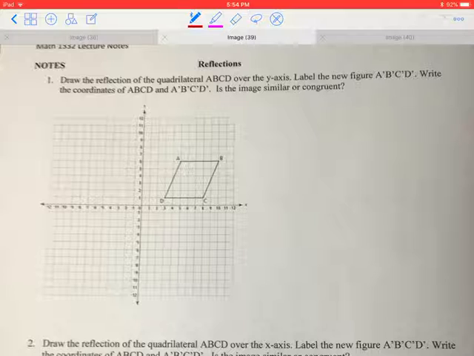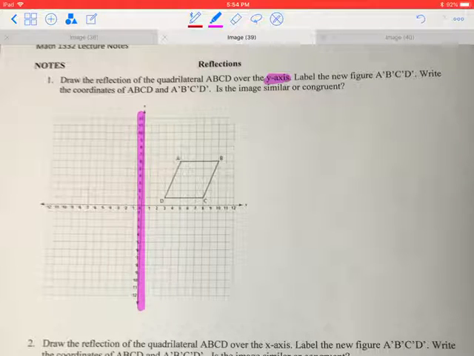All right, so we want to draw the reflection of the quadrilateral over the y-axis. All right, so here is the line we're reflecting across. So if I just go ahead and kind of draw that in. All right, that wasn't my straightest line, but that's okay.